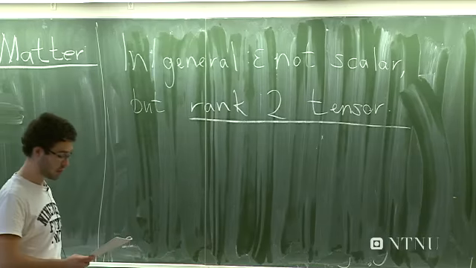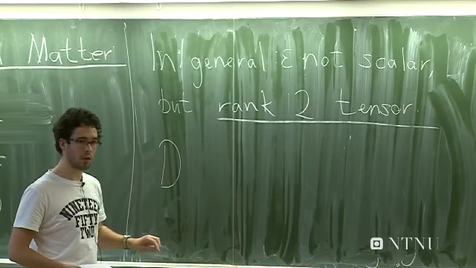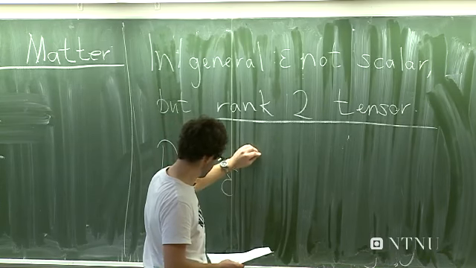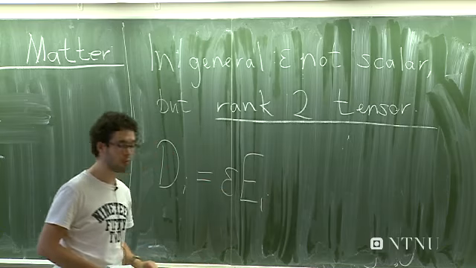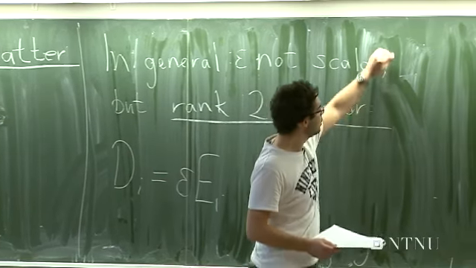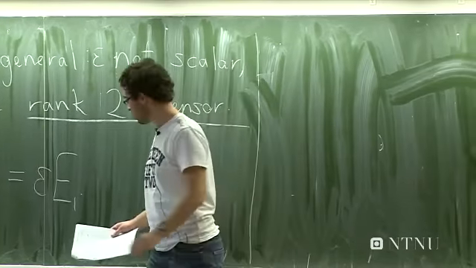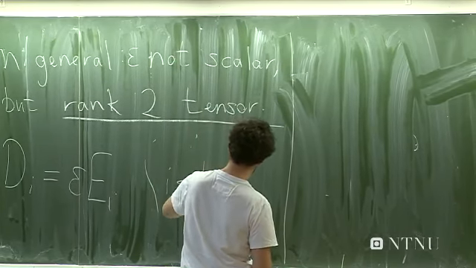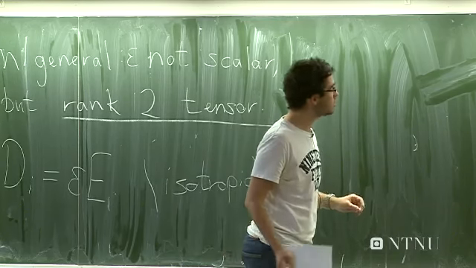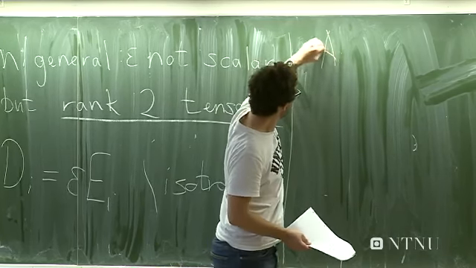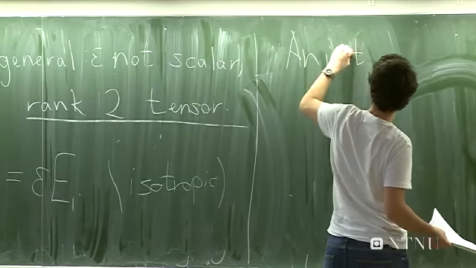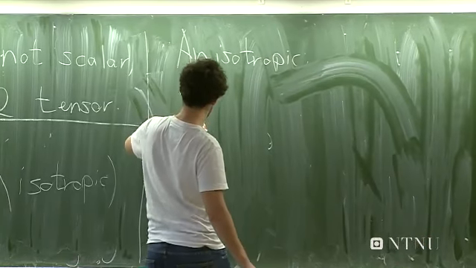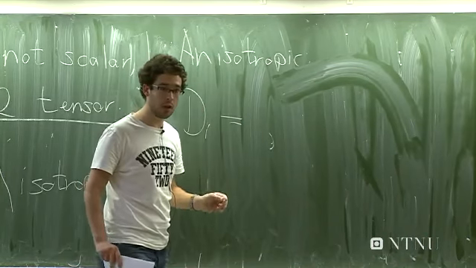So for a scalar, the constitutive relation was very easy. But if you look at different directions in an anisotropic material, let's see. This was the isotropic case. In the anisotropic case, D_i is equal to epsilon_ij E_j.